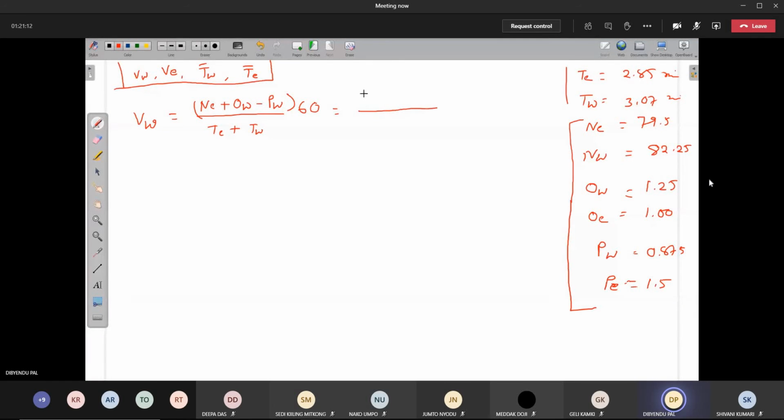NE is 79.5 plus OW 1.25 minus PW 0.875, the whole thing multiplied by 60, divided by TE 2.85 plus TW 3.07.